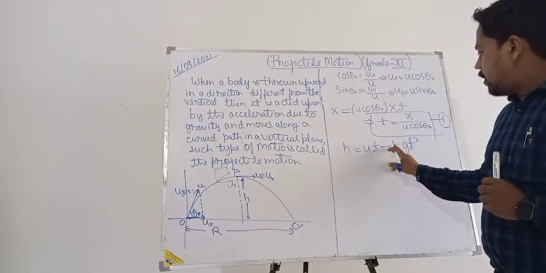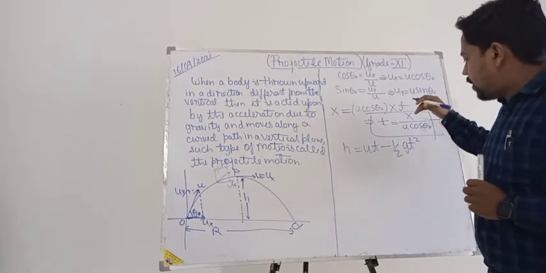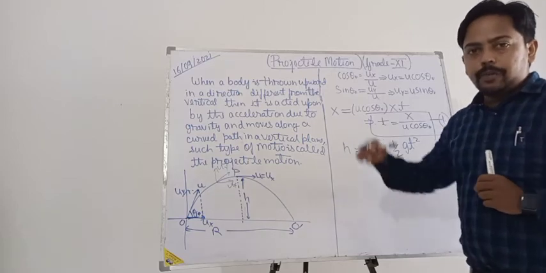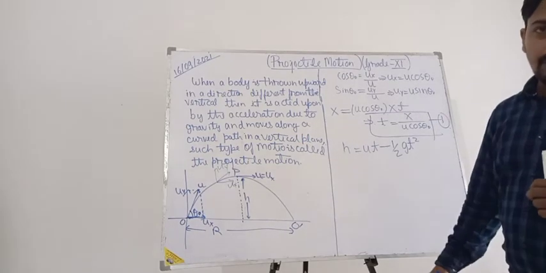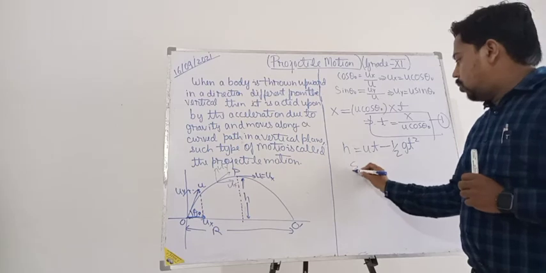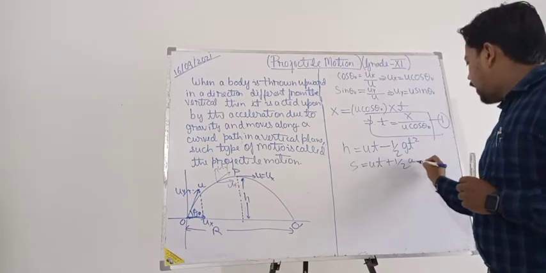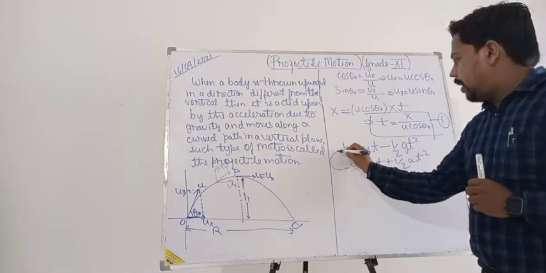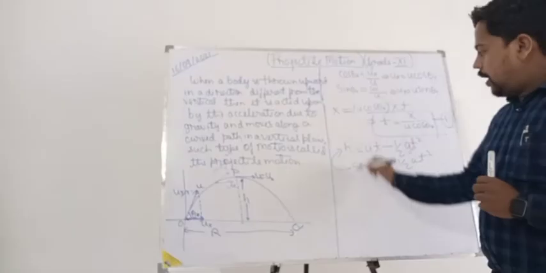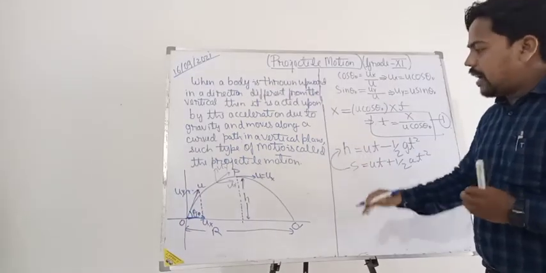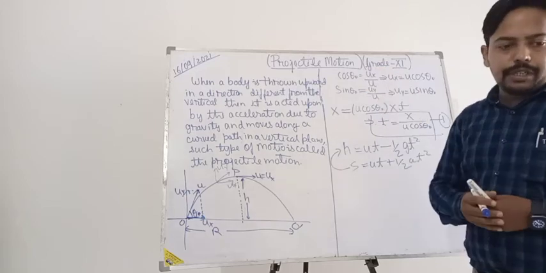Because of the presence of acceleration due to gravity, which acts in the downward direction. So s = ut + (1/2)at² has been replaced by this equation, where h is the height at which the object is reaching.